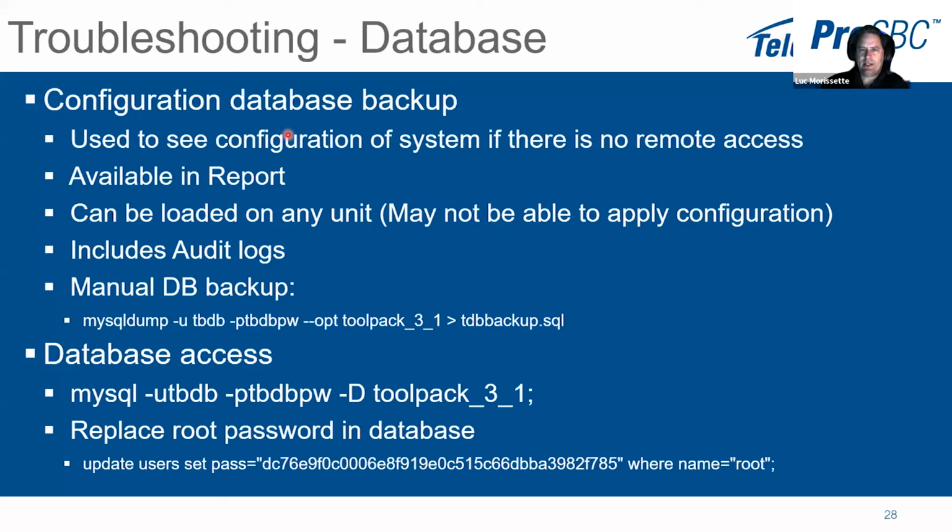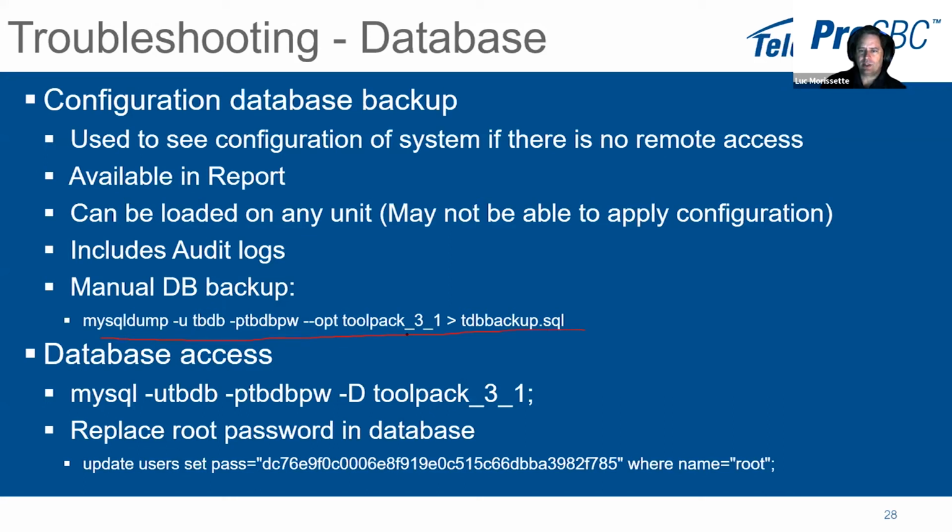So the configuration database is managed by the web interface to do a TB status, a TB backup, I mean. Okay, so you do a backup of the system there. But if you don't have access to the web interface, you can do a manual database backup. The command is here, mysqldump.